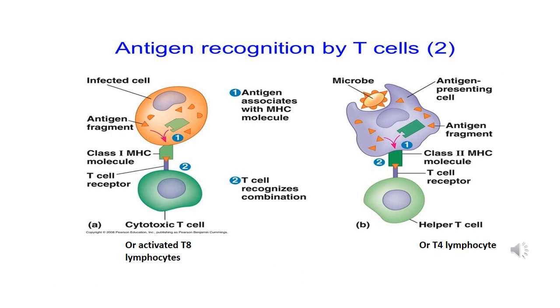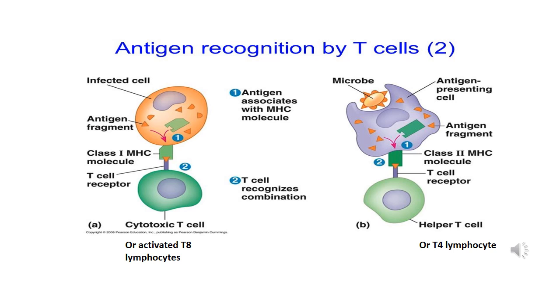The recognition of the antigen by T lymphocytes differs between T4 and T8. Let us talk first about T8. In a first step, there is antigen association. The antigen is going to be associated to MHC class 1 in the case of a cell infected by this antigen.